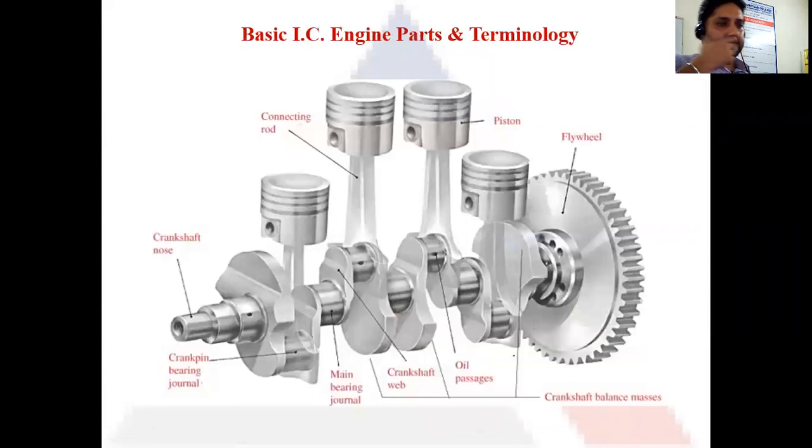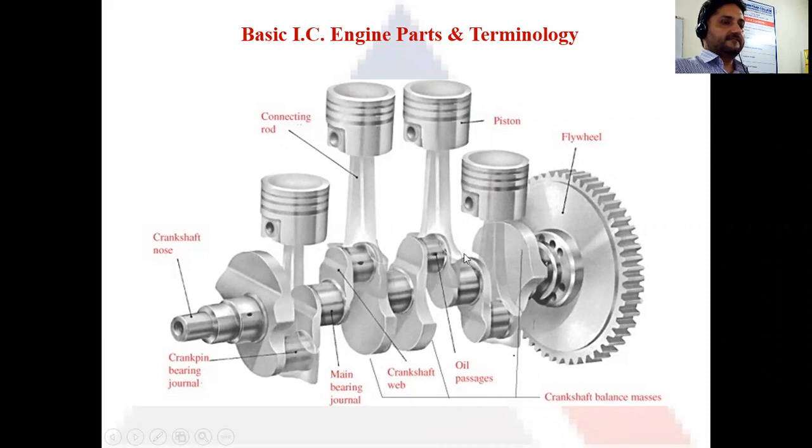Next, again, we have this 3-dimensional cut-off section of the crankshaft. Okay, so this is my crankshaft. In this crankshaft, you can see the crank part, where your connecting rod is connected to the crankshaft.